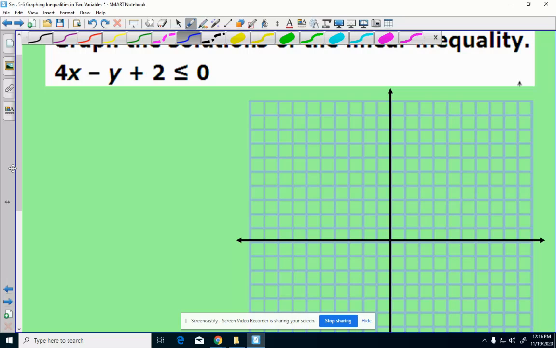Now remember, you just want to get y by itself. So before you go getting all crazy moving stuff around, stop for a second and think, what's the easiest way to get that y by itself?